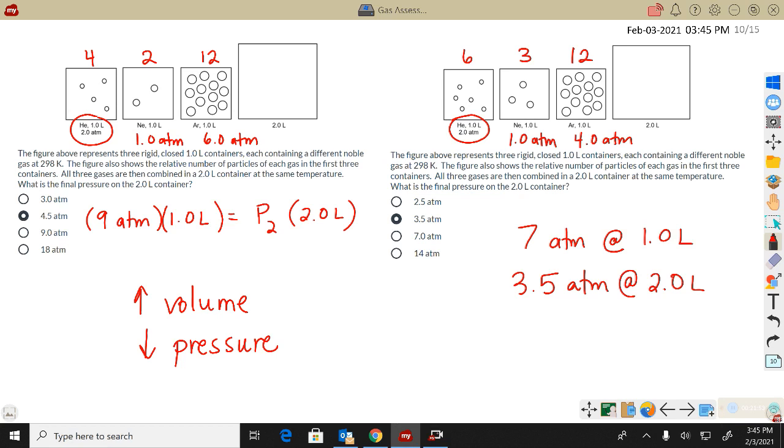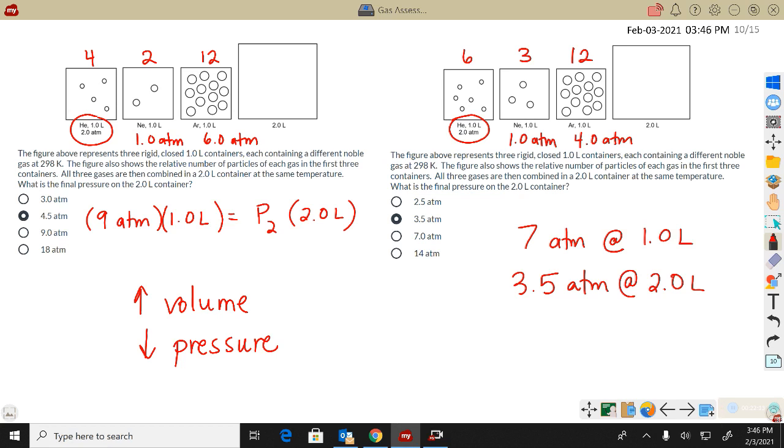And it was really similar with the example on the right. Just a little bit different ratio. 6 particles of helium gave you a pressure of 2 atmospheres. So 3 particles of neon would be 1 atmosphere. And then 12 particles of argon would be 4 atmospheres.